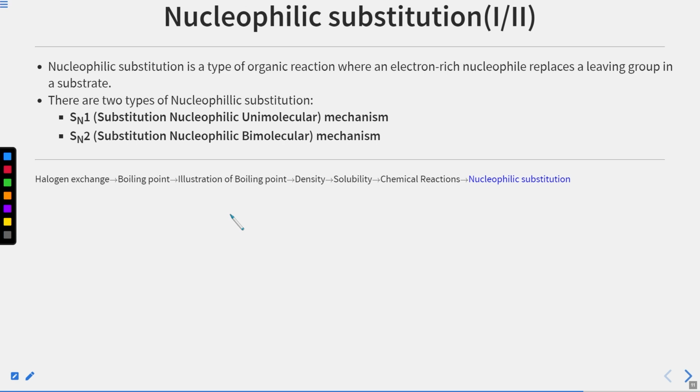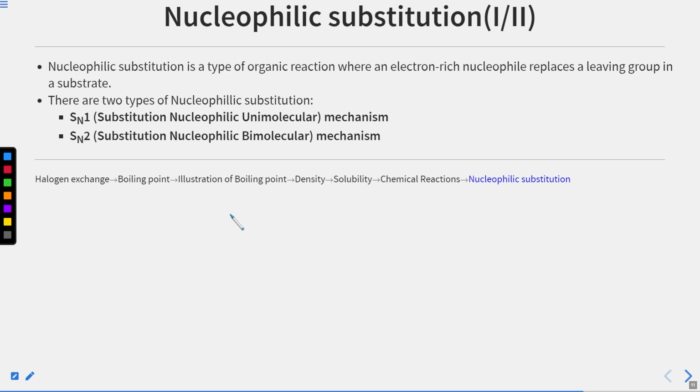This C is positively charged and this X is negatively charged, and as the halogen size increases, the bond length increases and the bond enthalpy decreases.